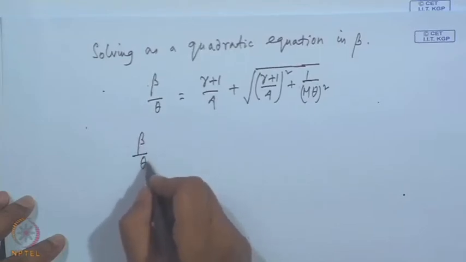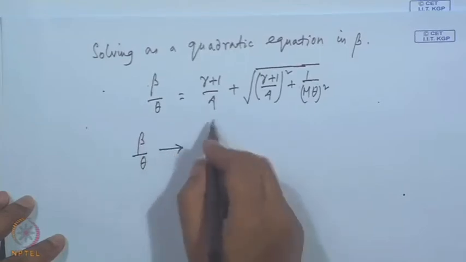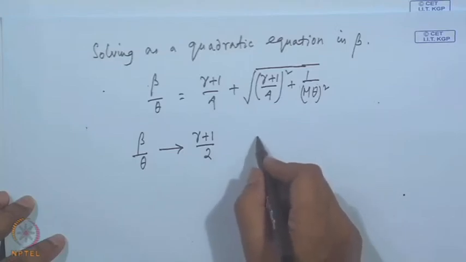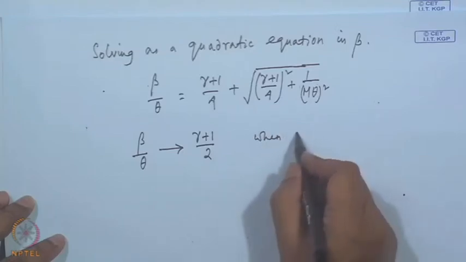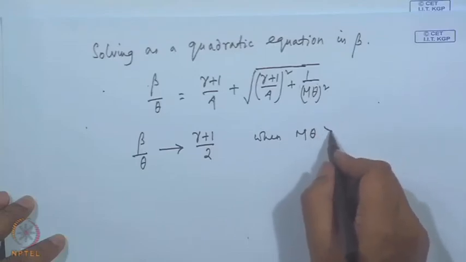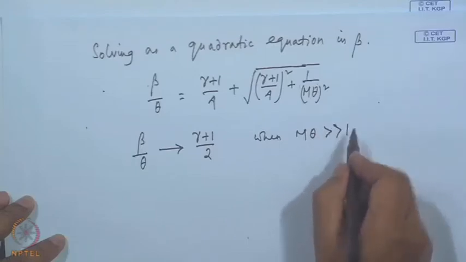So, beta by theta approaches gamma plus 1 by 2 when M theta is much larger than 1.